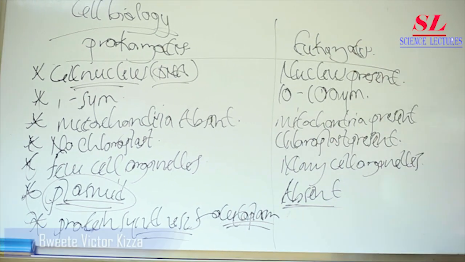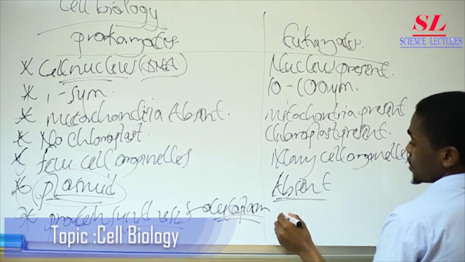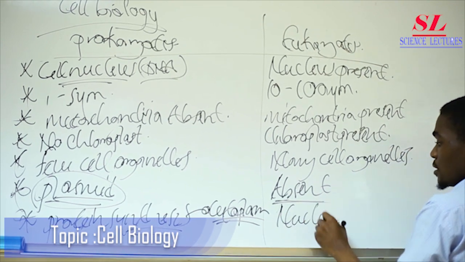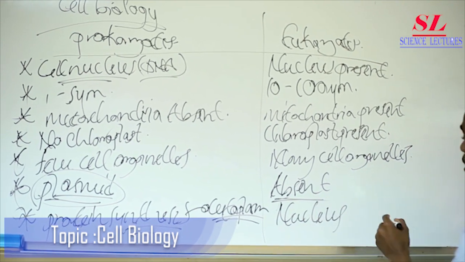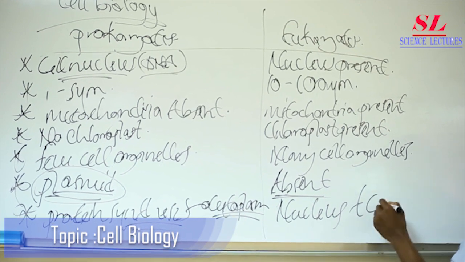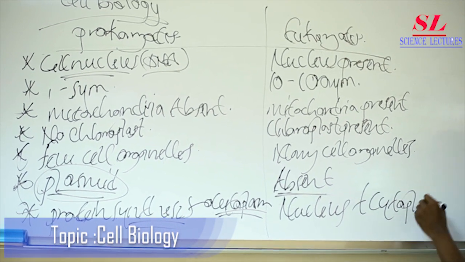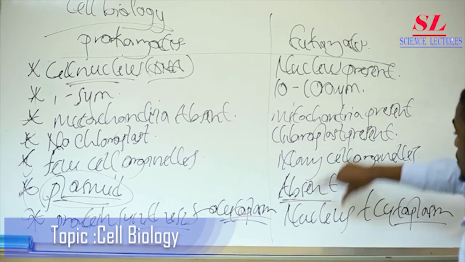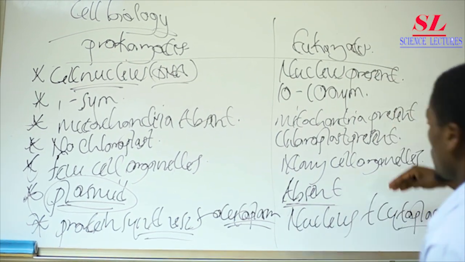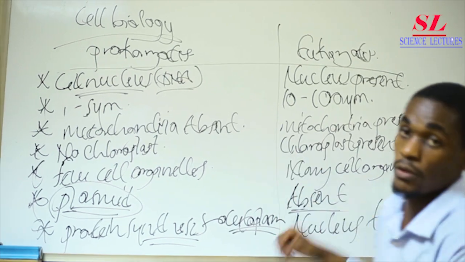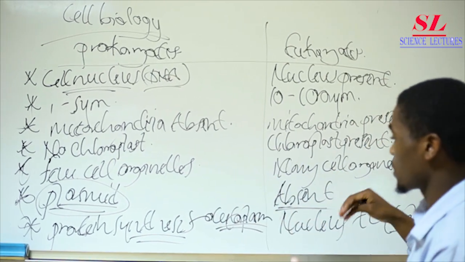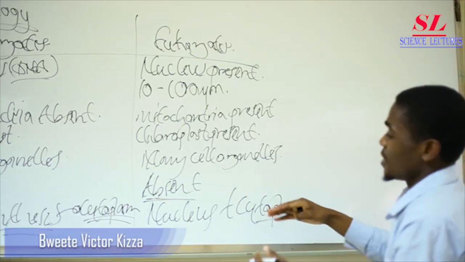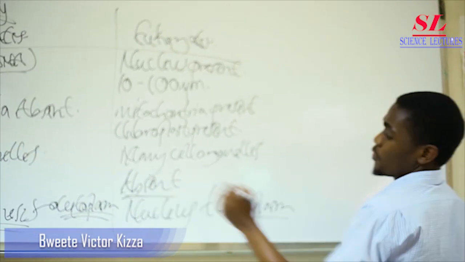But for the eukaryotes, protein synthesis takes place both in the nucleus, plus the cytoplasm. So for the eukaryotes, it is divided in two ways, because protein synthesis is simply the manufacture of a protein, if I'm to say. But for the eukaryotes, we'll have two processes of protein synthesis.